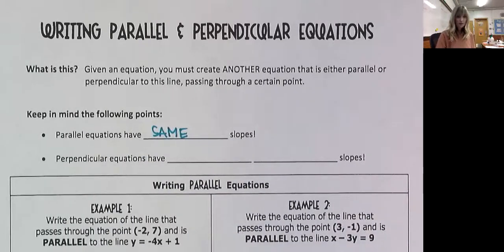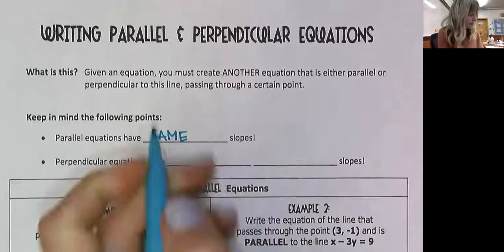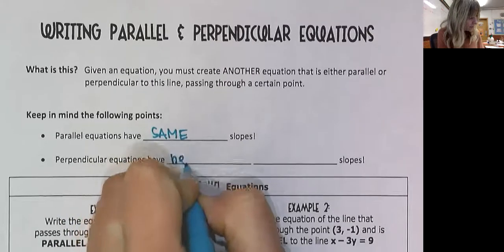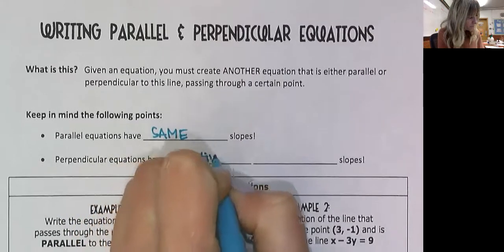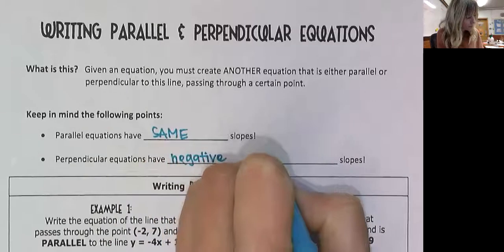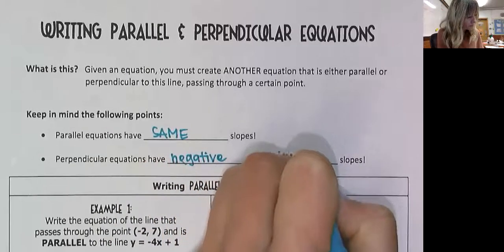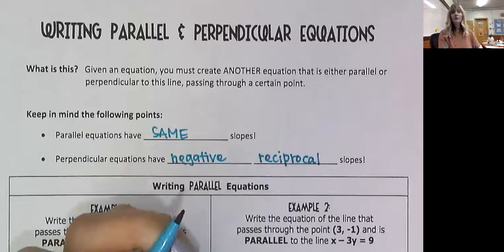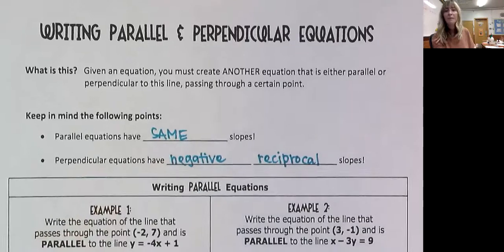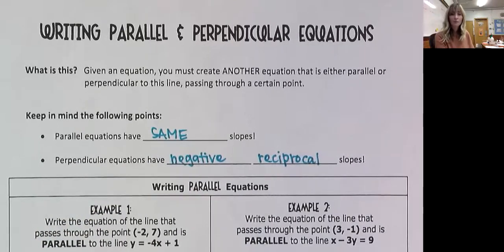And perpendicular equations have negative reciprocal slopes. Parallel equations have same slopes, perpendicular equations have negative reciprocal slopes. That's going to be really important for the algebra that we need to do here.